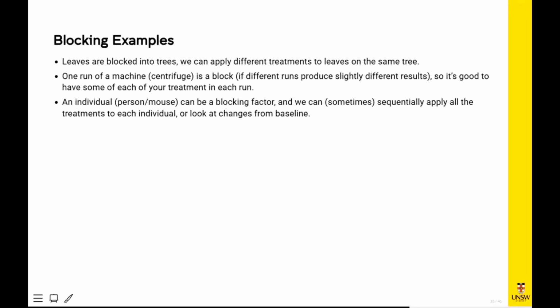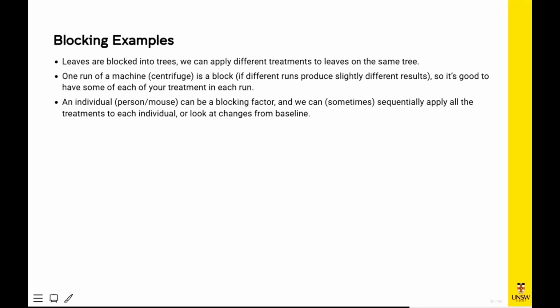Obviously leaves on a tree are related, so you would be able to increase your power that way. If you work in a lab and you're doing some samples in a centrifuge, each run of a centrifuge can be considered a block, and it would be good for you to have some samples from each of your treatments in each run of your centrifuge.